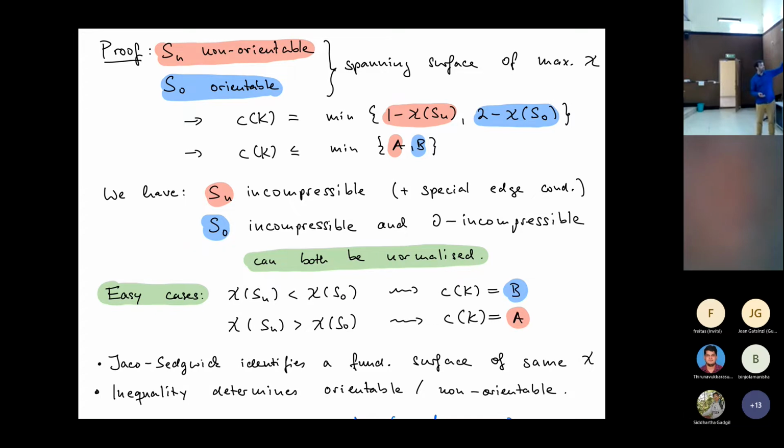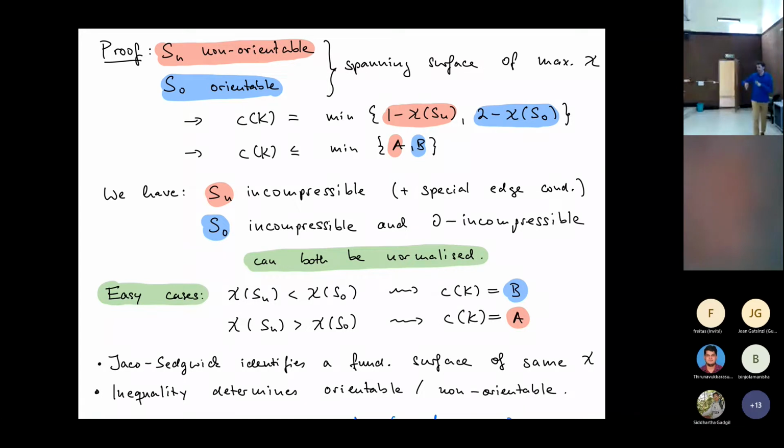Okay, so let's say we have spanning surfaces of maximal Euler characteristic. There's two of them, the non-orientable and the orientable one. Let's say Sn is the non-orientable spanning surface of maximum Euler characteristic, and let's say So is the orientable one. So we know from the setup that the crosscap number is now the minimum of 1 minus chi of Sn or 2 minus chi of So.